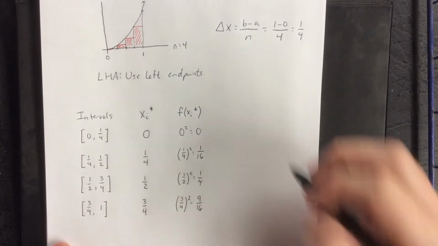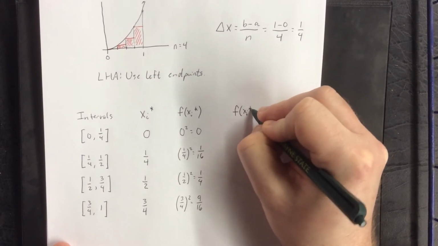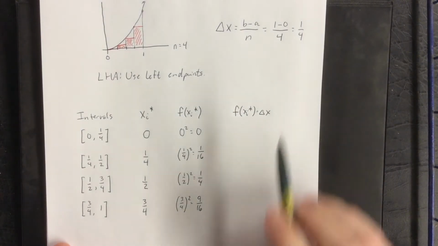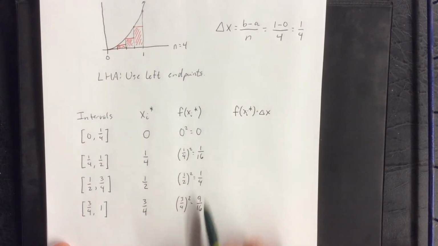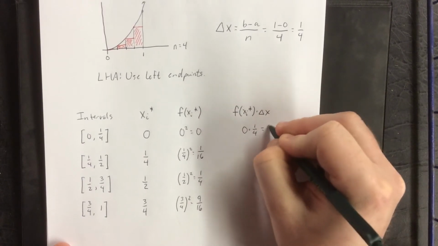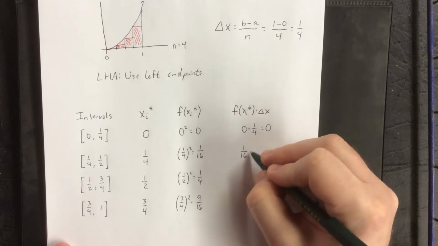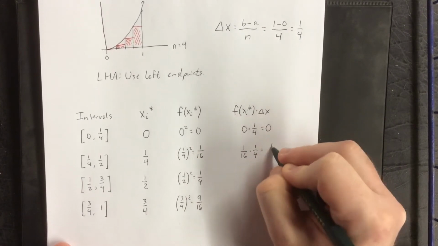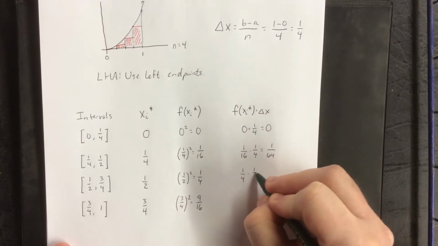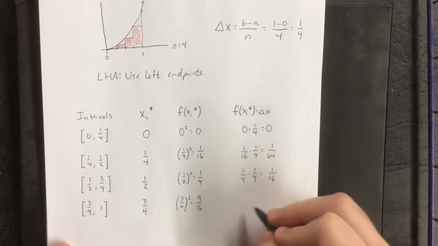To turn these into areas, we'll need to multiply the height of each rectangle by the length of the base. Length of the base we calculated to be 1/4, so I'm going to take 1/4 times each of these heights. So 0 times 1/4 gives us 0. 1/16 times 1/4 gives us 1/64. 1/4 times 1/4 gives us 1/16.